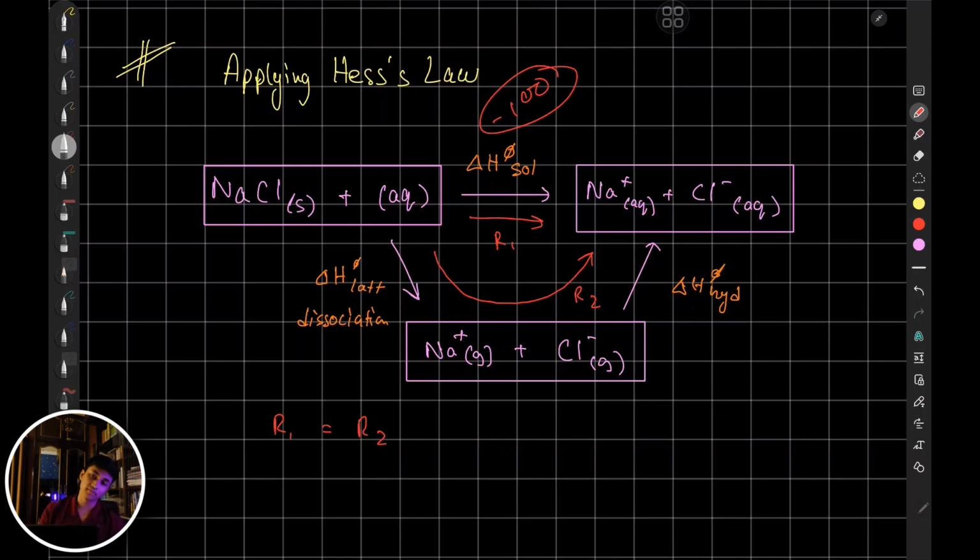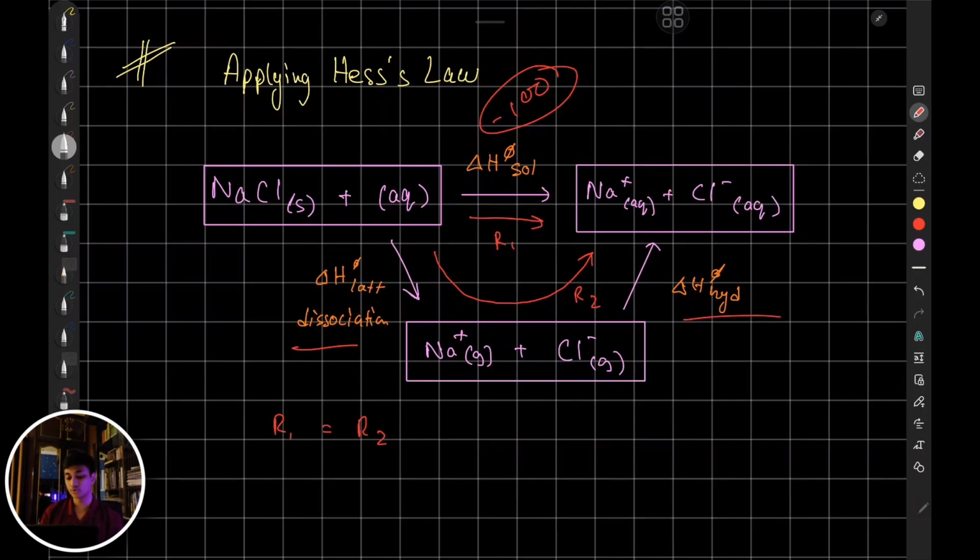After you do that, you can hydrate those gaseous ions and form aqueous ions. And this is going to be the second step where you're hydrating the gaseous ions. So in this case, route 1 is the direct route, enthalpy change of solution. Route 2 is the indirect route where it's dissociating and then hydrating.